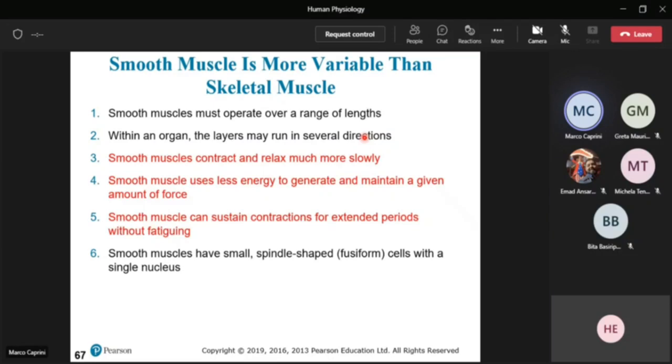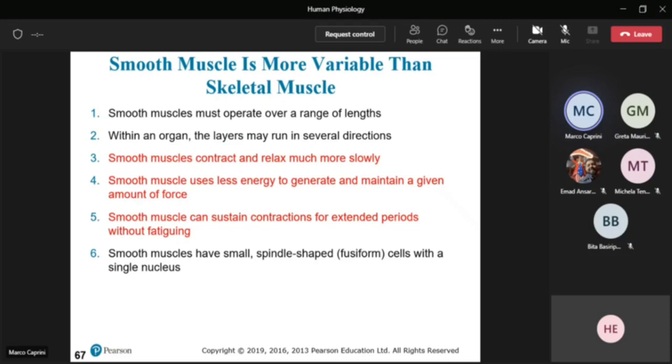So the food is mixed. It moves from one direction to the other, and this moves the food. Okay, so the food can be metabolized by different enzymes, by the contraction of these two different smooth muscle layers.